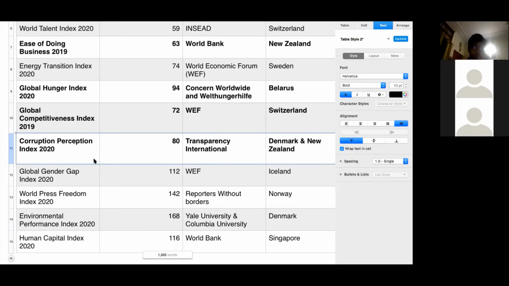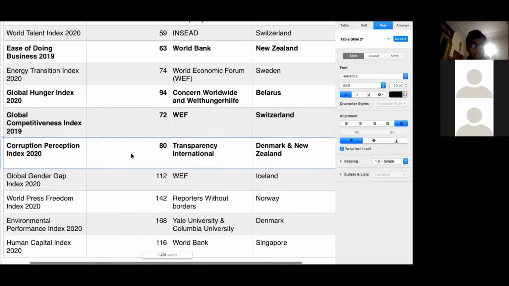So according to the Corruption Perception Index 2020 ranking, India's ranking was 80.